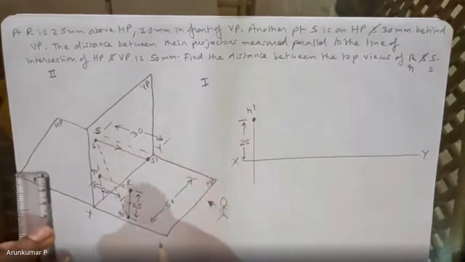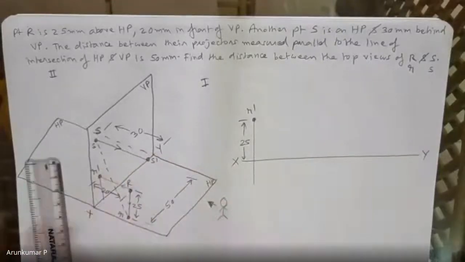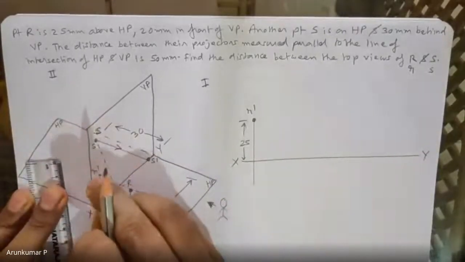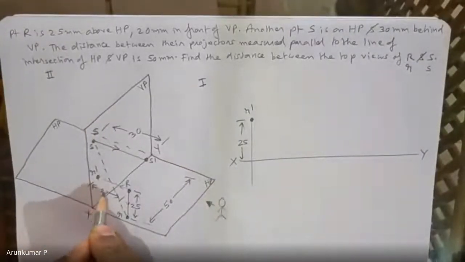How much is R from the XY line? What is this distance? 20 mm.